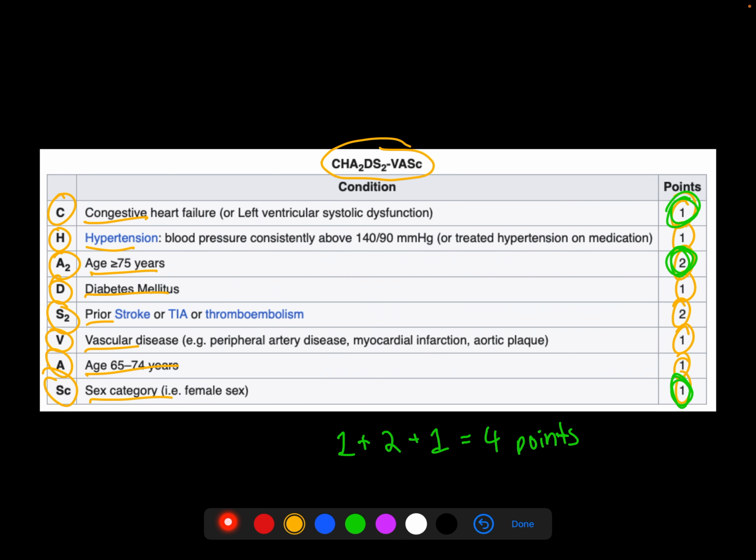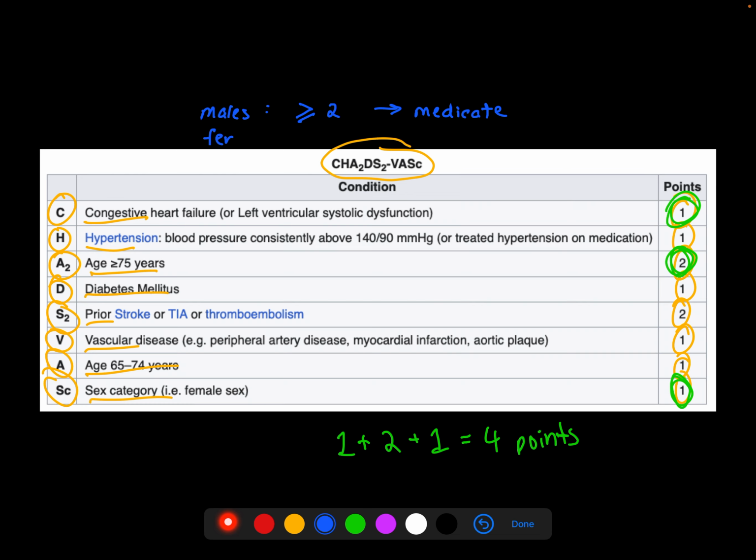The 1% is actually converted to points as well, and that is in males. If your score is greater than or equal to 2, what you do is medicate.